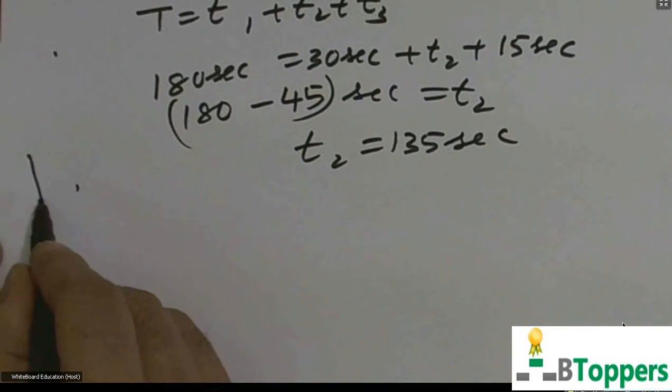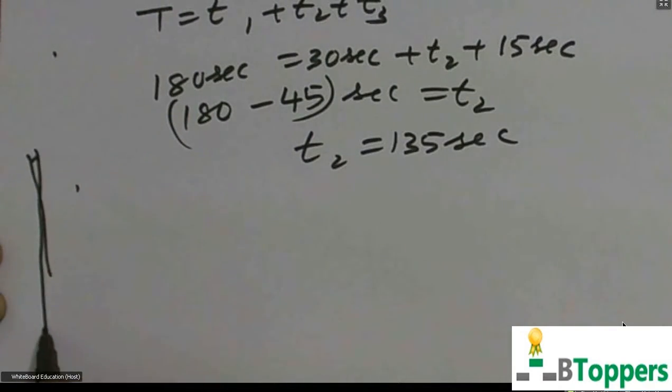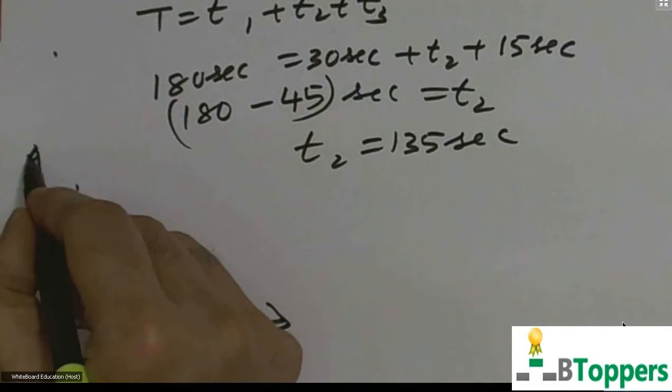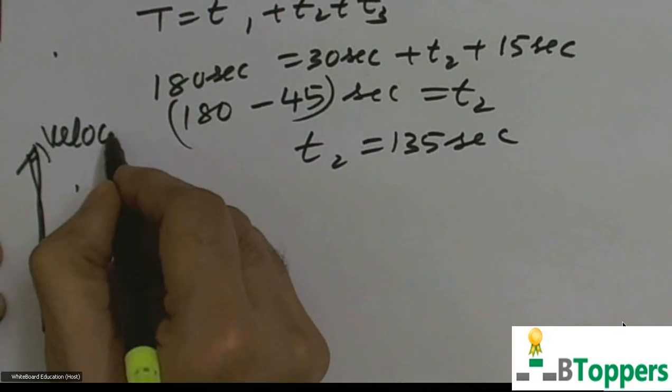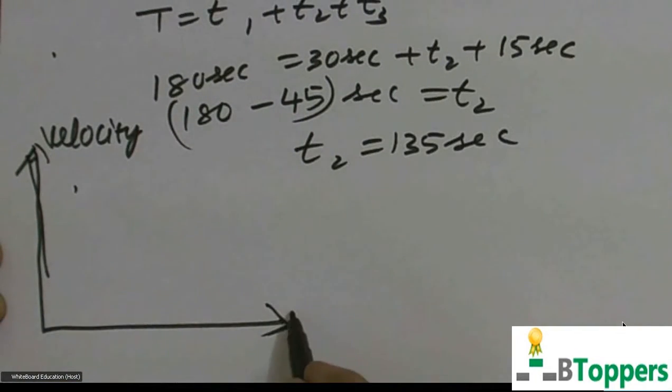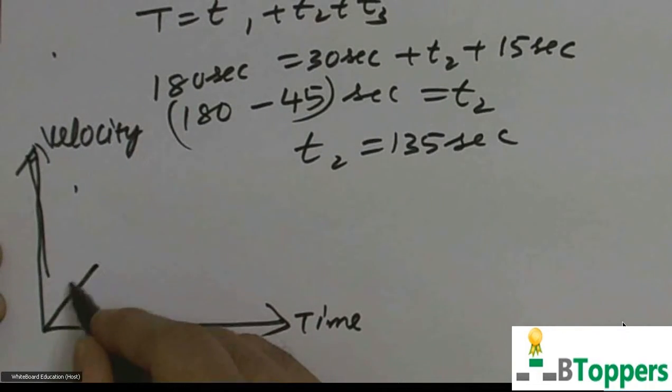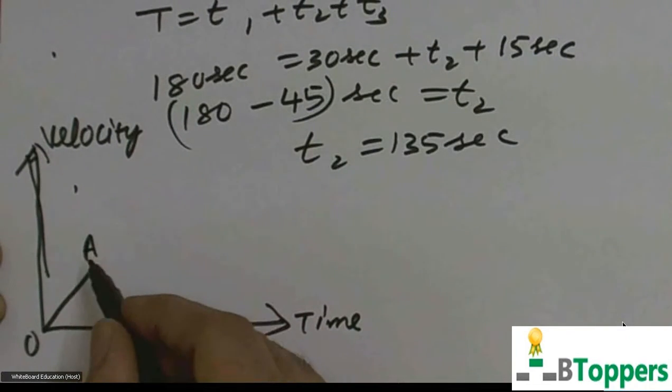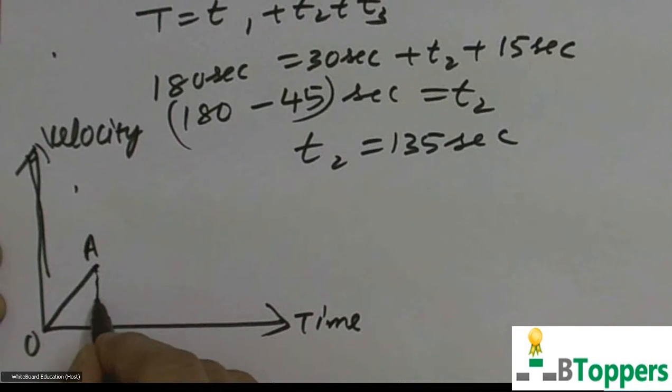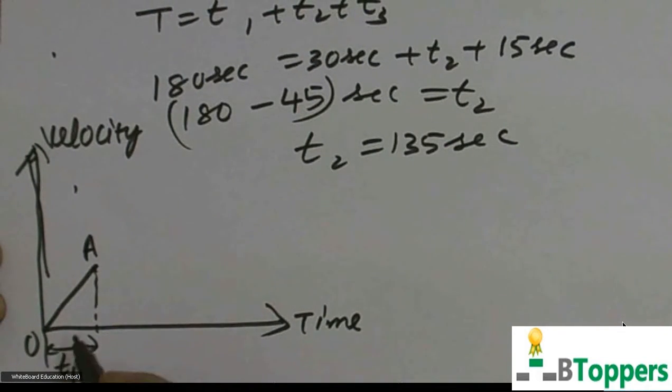I can draw the velocity time graph for this case roughly, which I have discussed in special case 2. The straight line OA represents the graph for the first time interval T1 equal to 30 seconds.